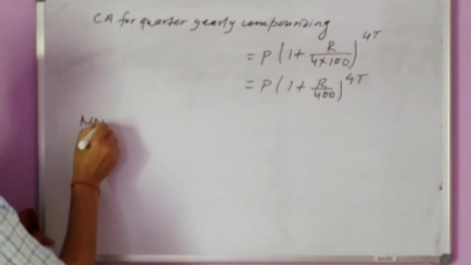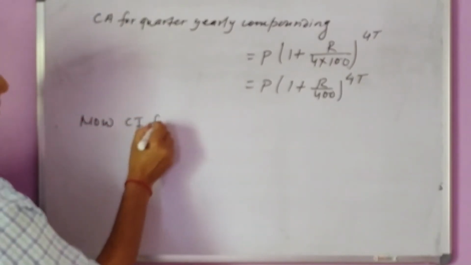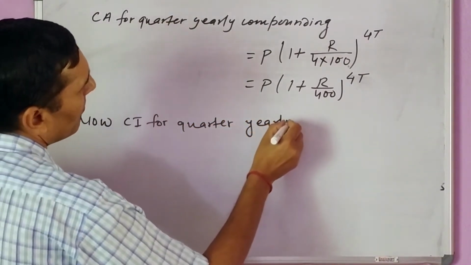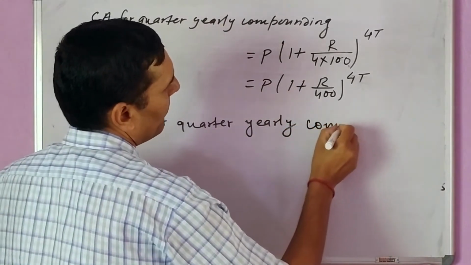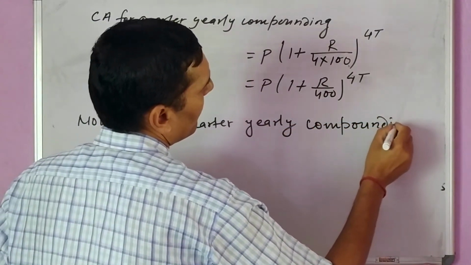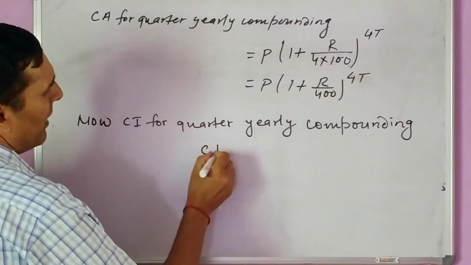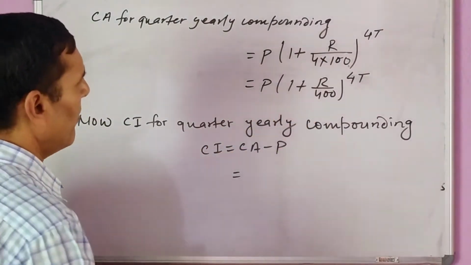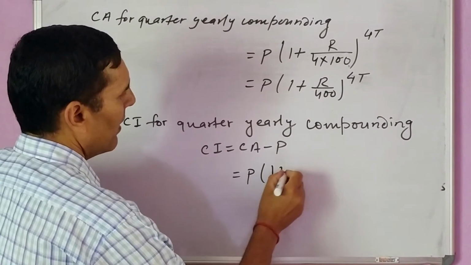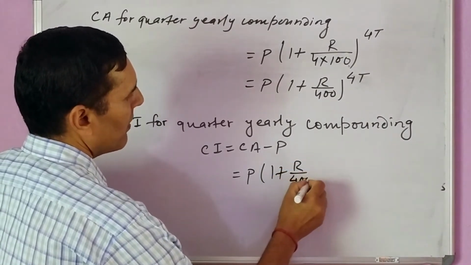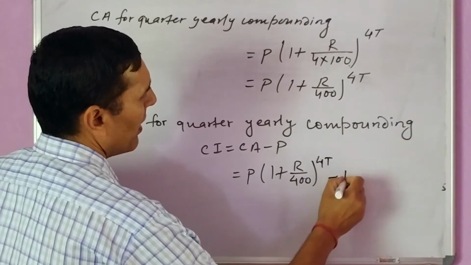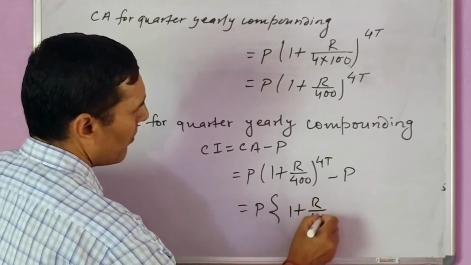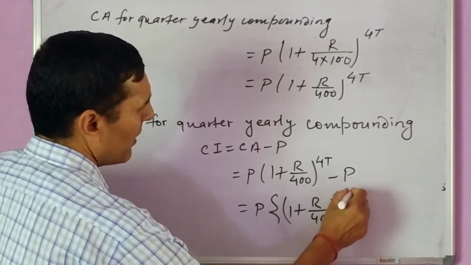So now CI for quarter yearly compounding. CI is equal to, you know that it is CA minus P, and CA, this is the formula, P times 1 plus R upon 400 to the power 4T, minus P. If you take P common, 1 plus R upon 400 to the power 4T minus 1.